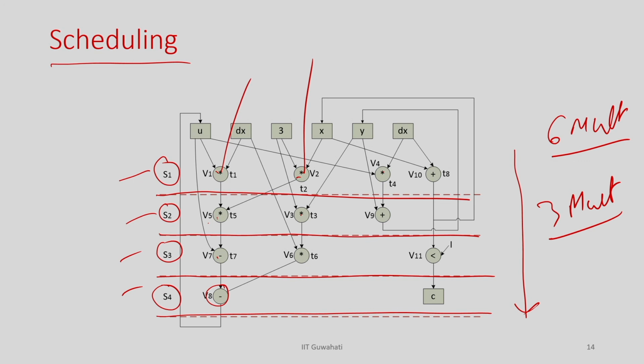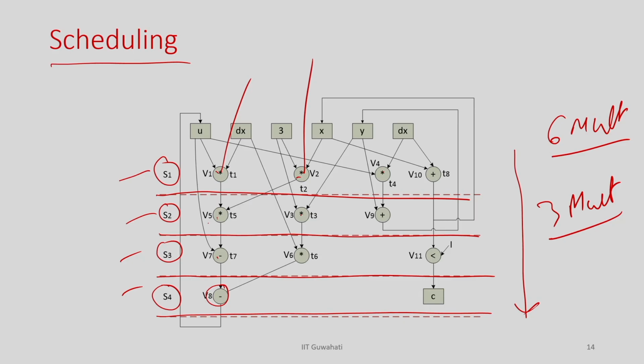I have decided that in clock 1 I am going to do these 5 operations, in clock 2 I am going to execute these 3 operations and so on, but I never told you how many multipliers I need to execute this behavior. That is what we need to identify next. There are 6 multiplication operations happening across 4 clock steps.